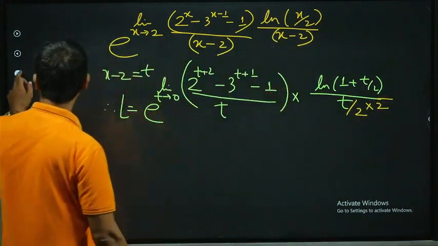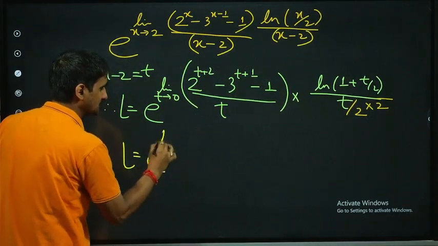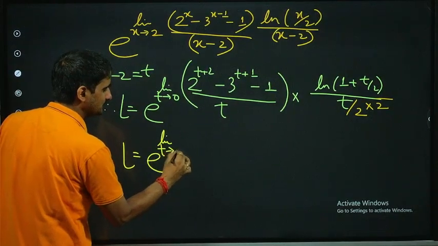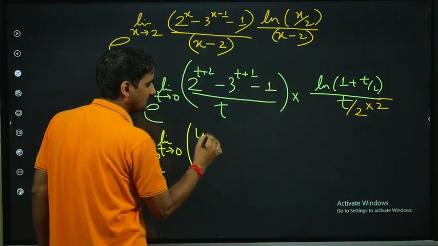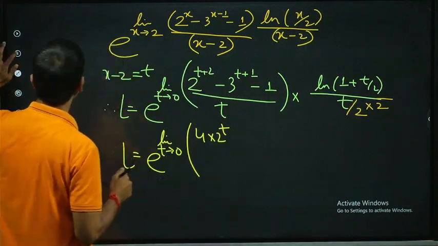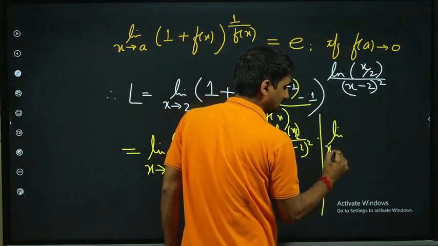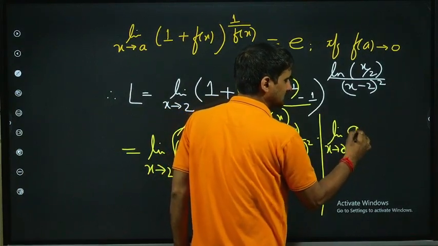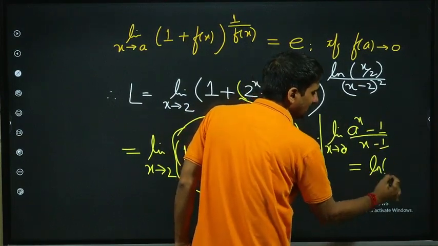Fine. Now what about the first one? So about the first one, e raised to the power limit as t approaches 0. Now see, I can write this one as 4 into 2^t. We have a standard result: limit as x approaches 0 of (a^x minus 1) upon x is nothing but ln a.